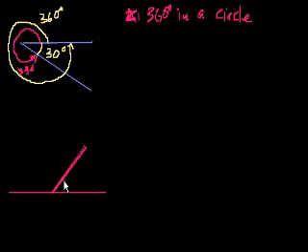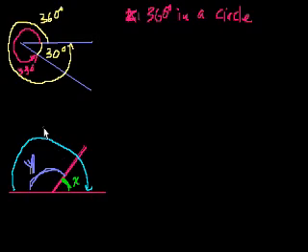So if you have this line, this angle, oh, whoops, I'm still using my line tool. If we have this angle, let's call it x, and then this angle is y. What do we know about the relationship between x and y? Well, we know that the entire angle is half of a circle, right? So that's 180 degrees, this entire angle.